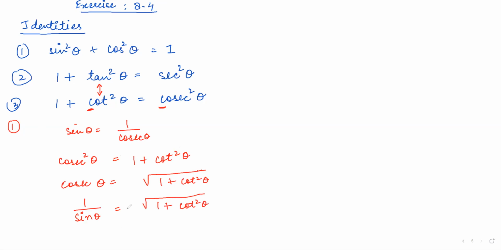If I want to find the value of sin theta, I cross multiply, or you take the inverse on both sides. So sin theta is 1 upon under root 1 plus cot square theta. This way I have expressed sin theta in terms of cot theta. Got it? As you can see on the right side, I don't have any other trigonometric ratio, only cot theta is there.